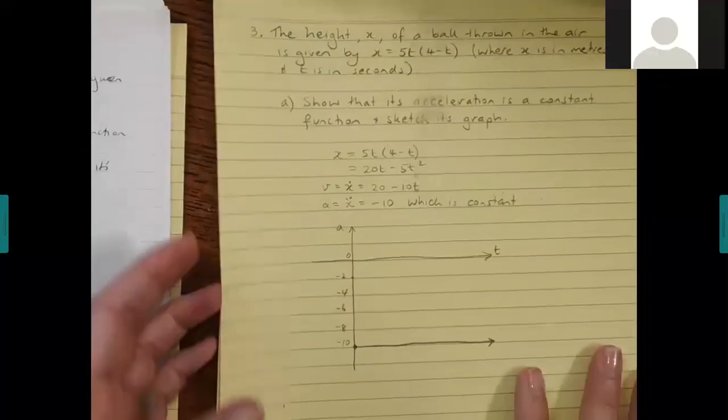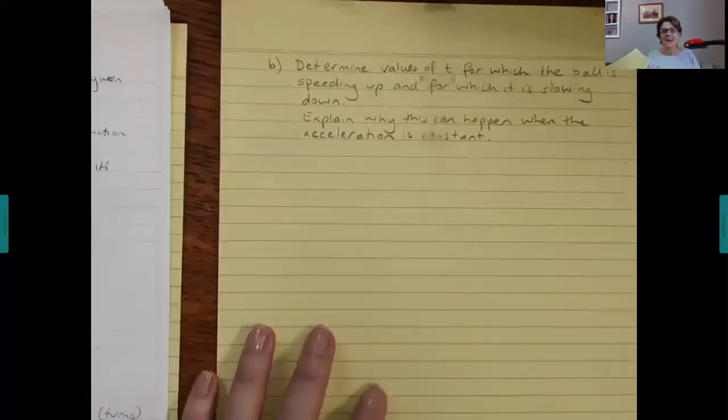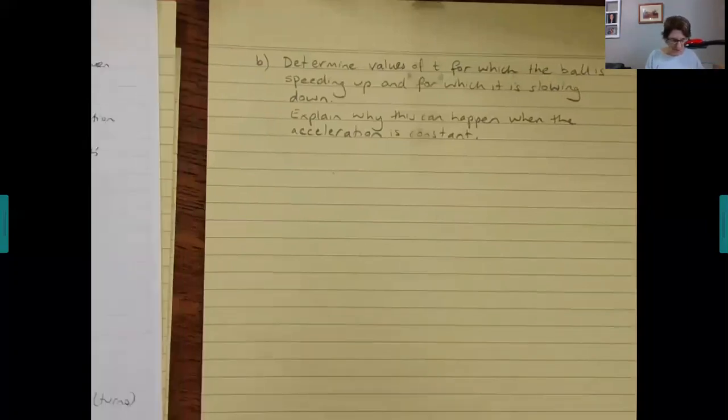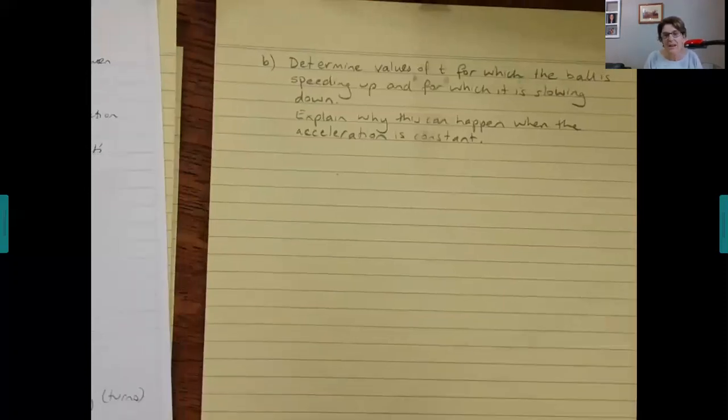So last part was determine the values of t for which the ball is speeding up and for which it is slowing down.